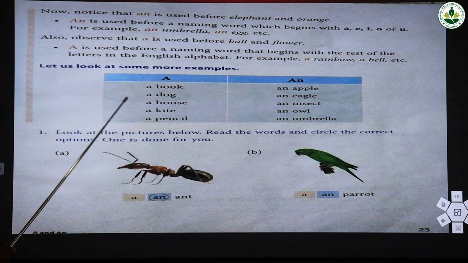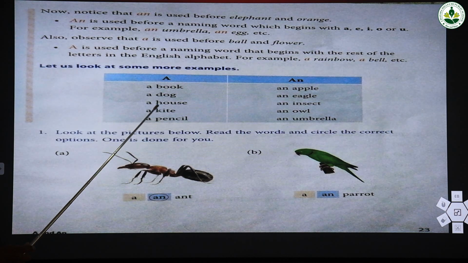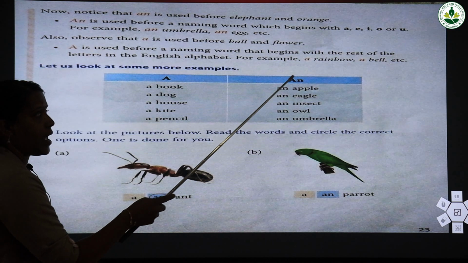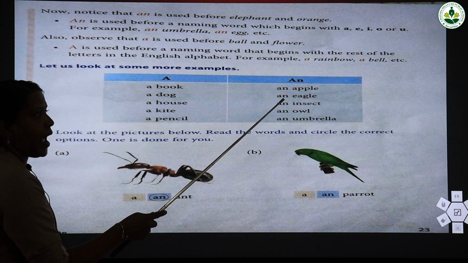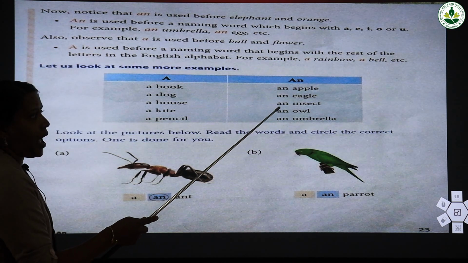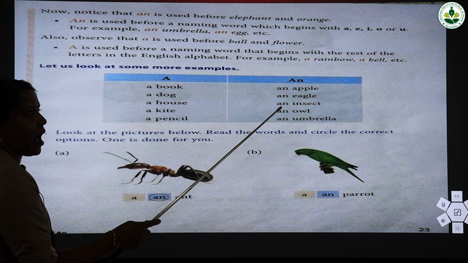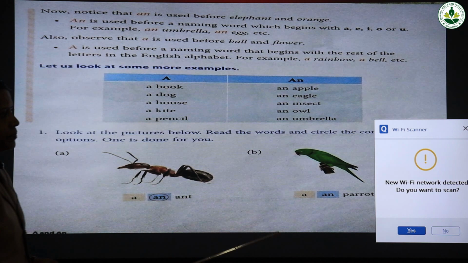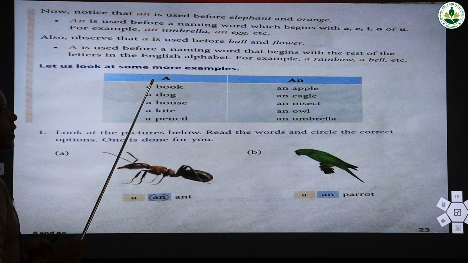A kite. A pencil. Now you look here. An apple. An eagle. An insect. An owl. An umbrella.